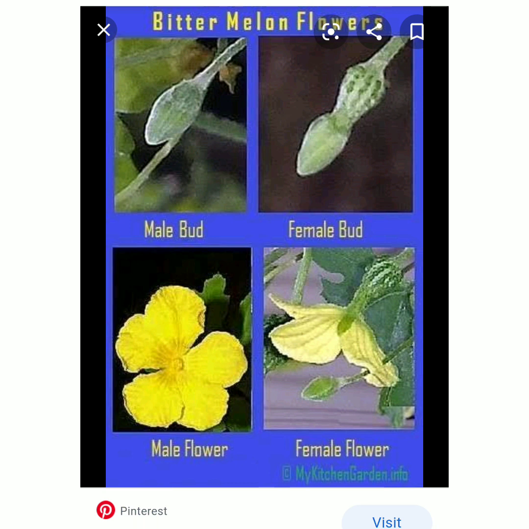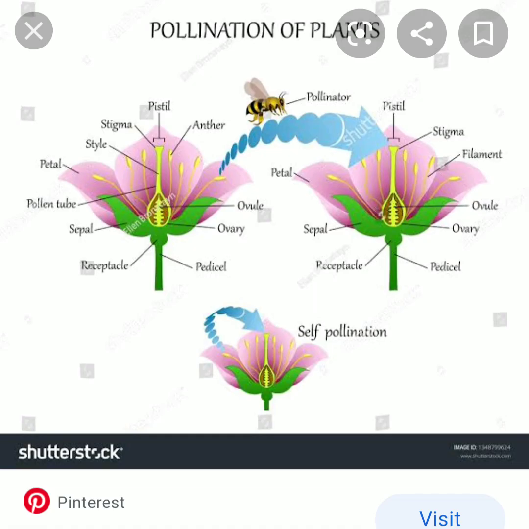Now let's think of pollination in detail. There are three types of pollination. The first one is self-pollination. Self-pollination is also of two types. In the first type, pollen grains of a flower stick on the stigma of the same flower.